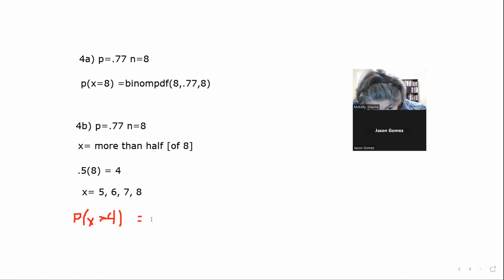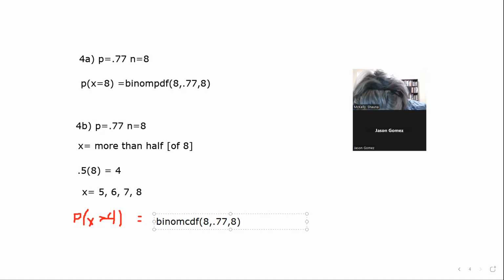So this is going to be binomial PDF... 8, 0.77, and we want to go to our maximum, which is 8. So we want to add up all 8 of them. But then we have to subtract the ones we don't want, okay?